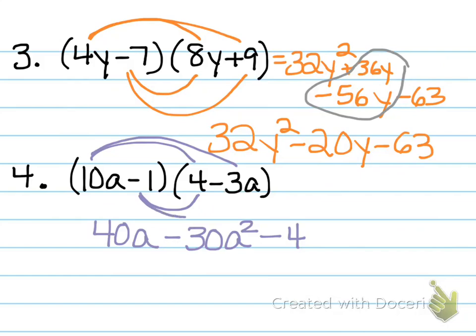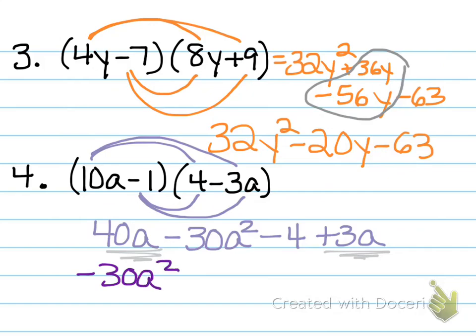And then we have negative 1 times negative 3a, which is plus 3a. We still have like terms, except they're not next to each other. They're all the way on the left and all the way on the right. We still need to add them together, and while we do this, we need our final answer in standard form. So I'm going to start with my highest degree: negative 30a squared plus 43a, because I added my 2 like terms, and then minus 4.